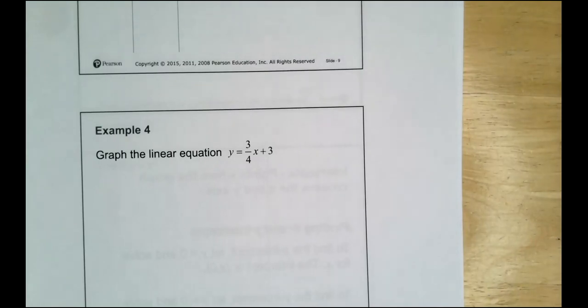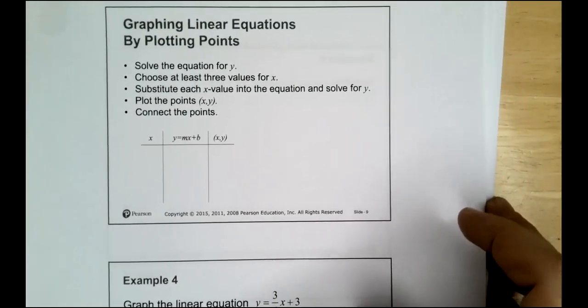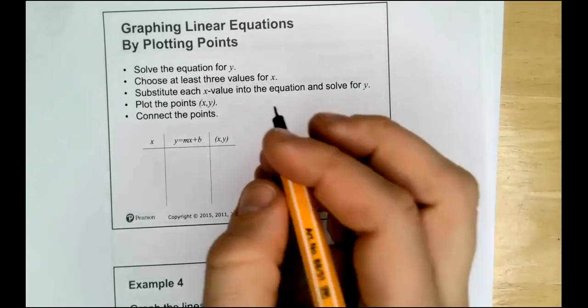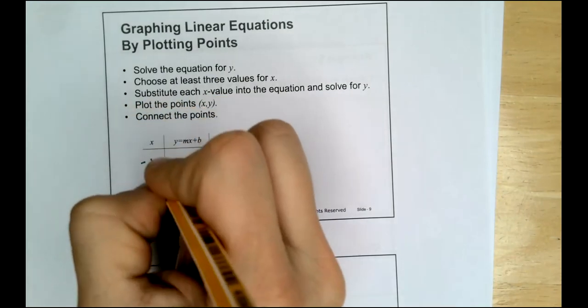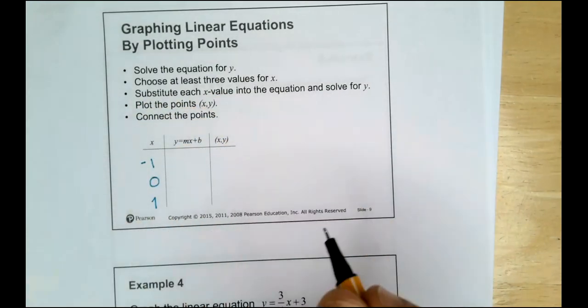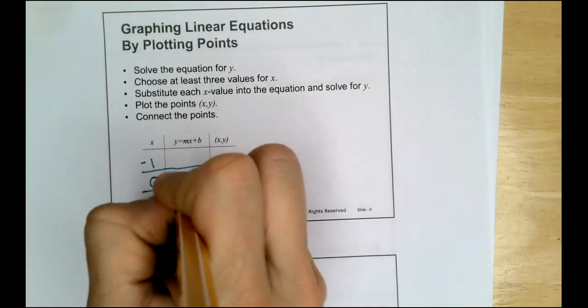All right, how do we graph? To graph an equation, you want to solve the equation for y and choose 3 values for x. For the values for x, I like 0 because it's easy, right? And then -1 and +1, just to see how the graph will behave on either side of my x-axis, right?